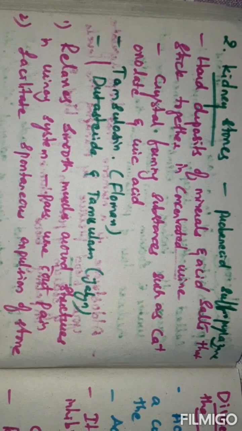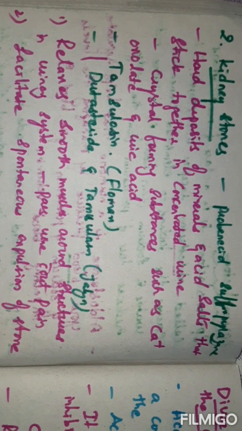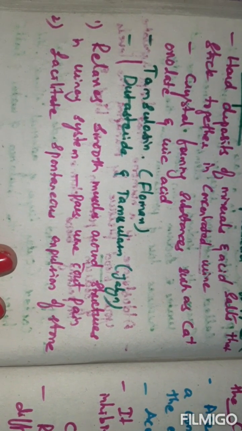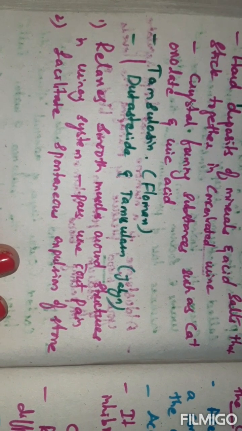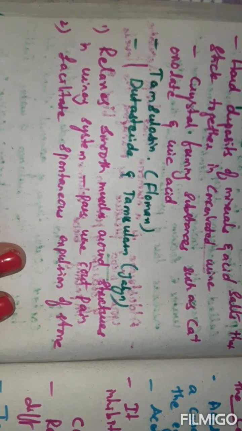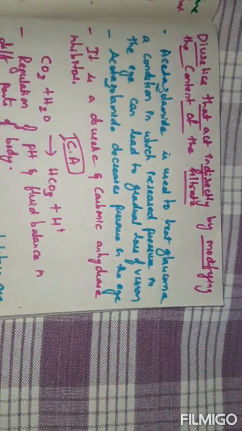Examples of drugs to treat that condition are tamsulosin, and dutasteride in combination with tamsulosin, which relax smooth muscles around the structures in the urinary system so urine passes without pain, and they also facilitate spontaneous expulsion of the stone. These are kidney stones.